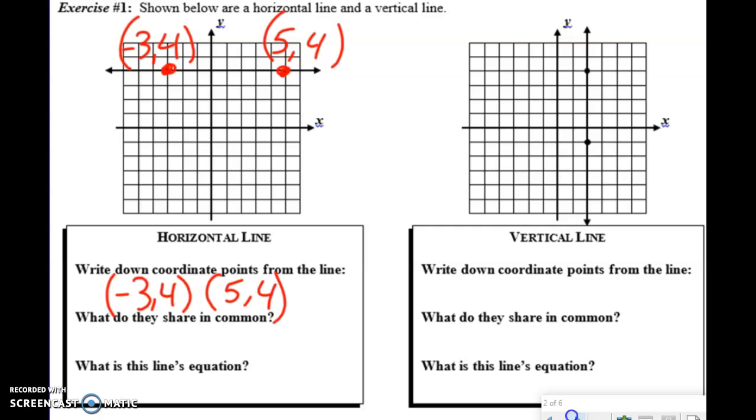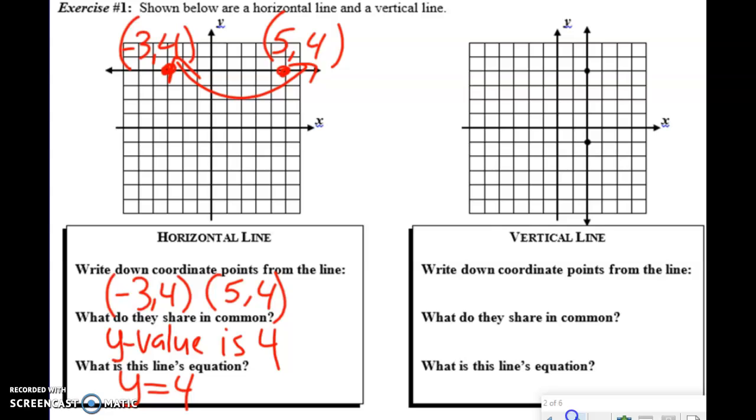Is there anything that's alike about those 2 points? Normally in class you'd all be shouting out the answer, right? You can see that the y value is the same. The y value is 4, and that's kind of unique, right? The y value is going to be 4 for every single one of those points. So therefore we can call the equation of this line y equals 4.